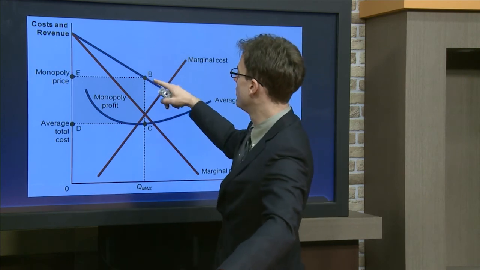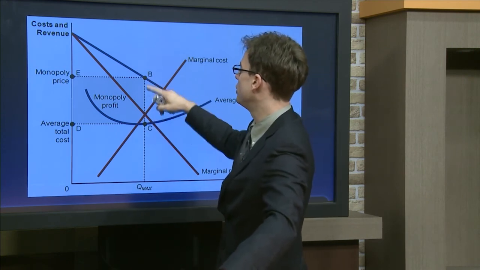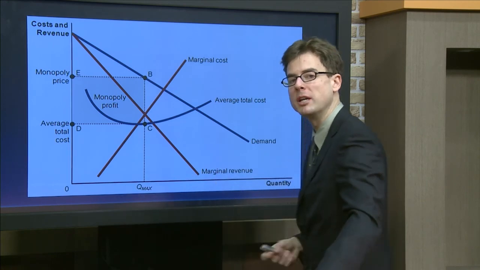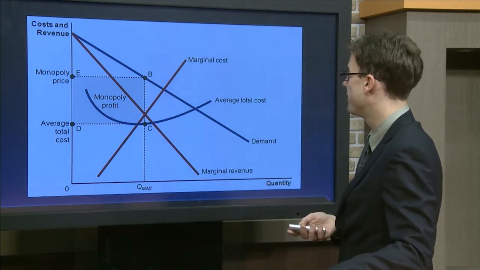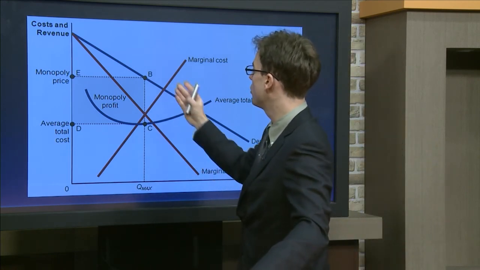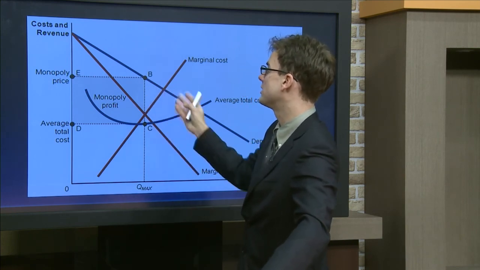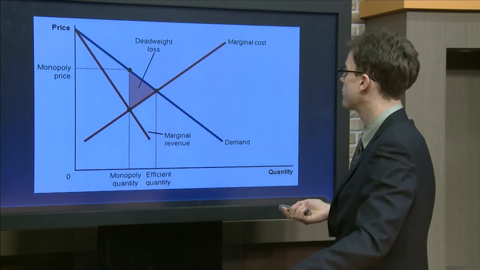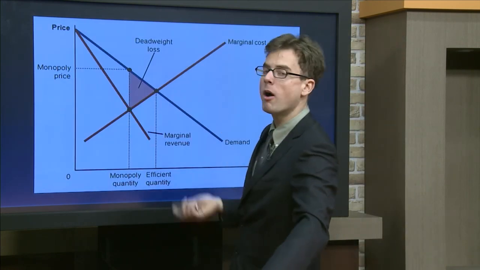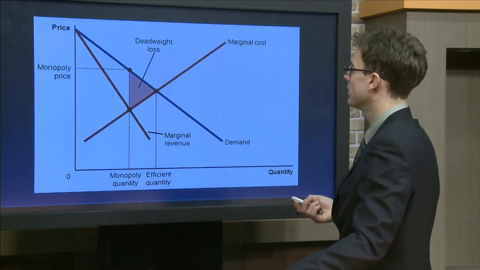But notably, this triangle here, which used to go to consumers and producers as their surplus, now doesn't go to anybody. Now these units are not produced, so nobody gets welfare from them. We can say that a deadweight loss of monopoly results.